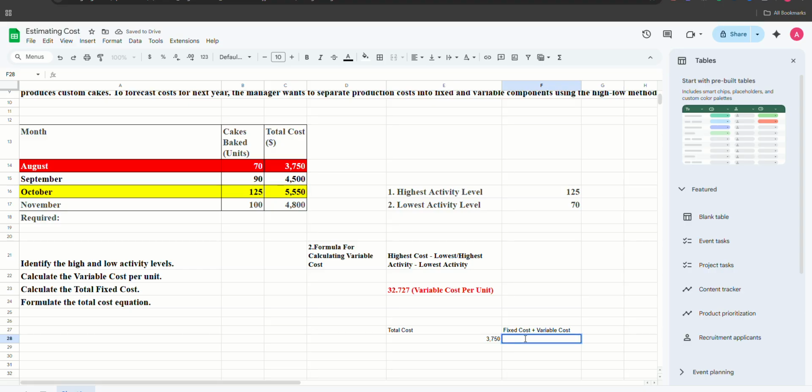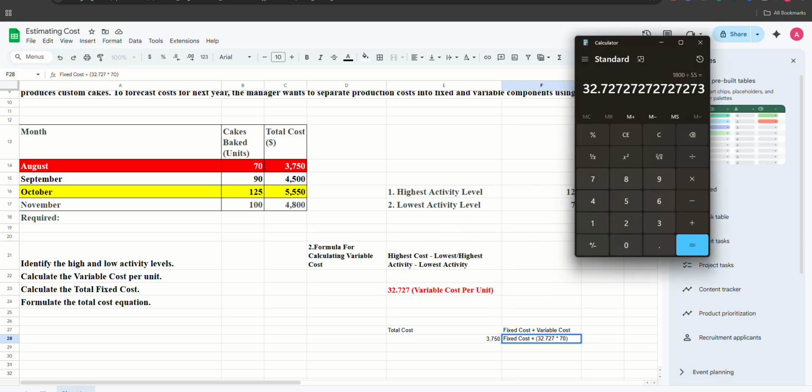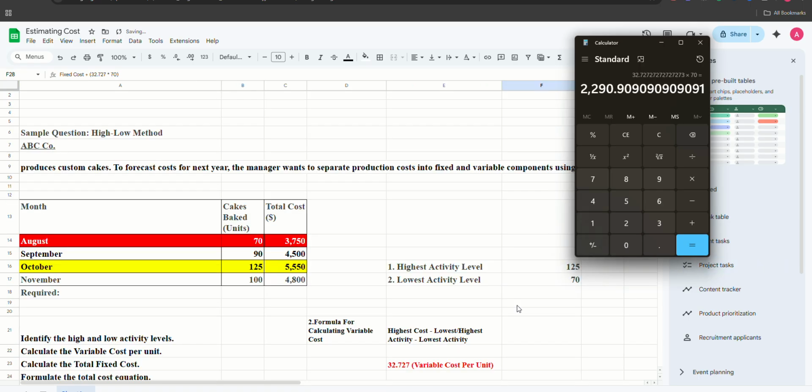Fixed cost is equal to fixed cost plus 32.727 into 70. So this is variable cost.